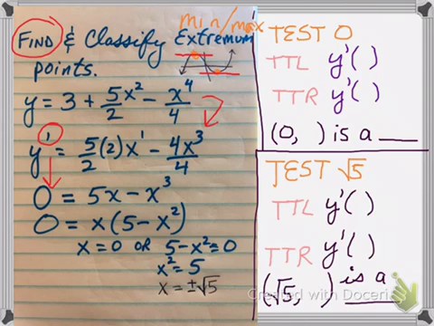When you set it equal to 0, factor, and solve for x, you're finding out where the slope or the derivative or the gradient, remember all three of those words are the same thing, is 0.